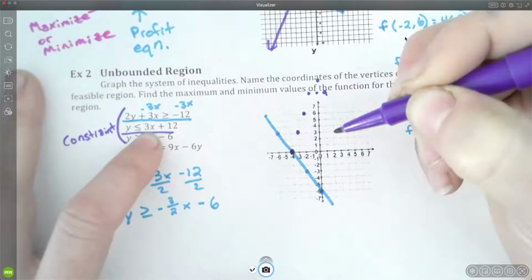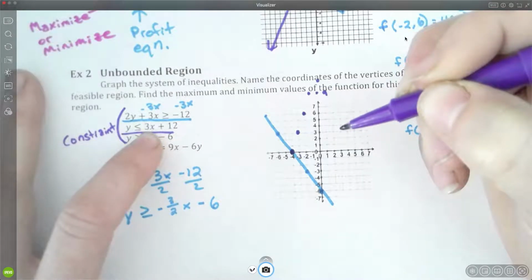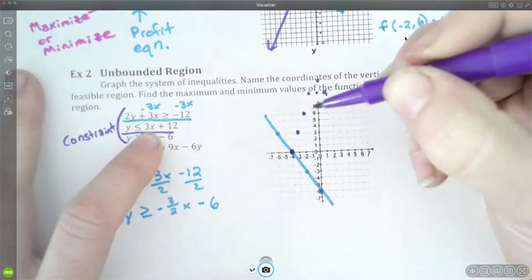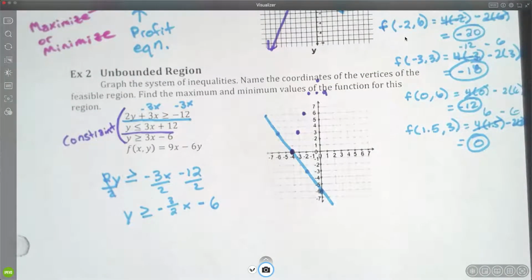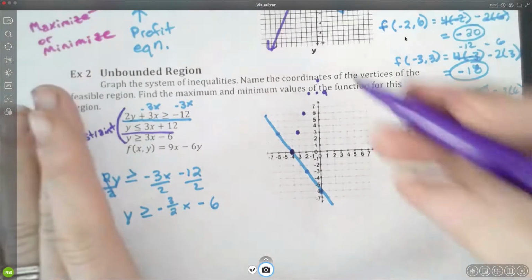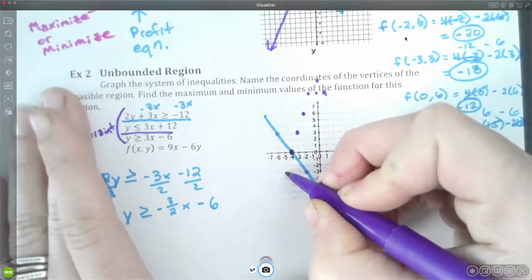Are you confused, Gracie? Because 3x means I have to go up 1 over 1. But if I'm starting at 12, I can't go up 1 that way 1, right? I'll be way off the graph. So I'm going down 1 to the left 1 until I get back on the graph again, yeah? So down 3 over 1, I could keep going, etc.